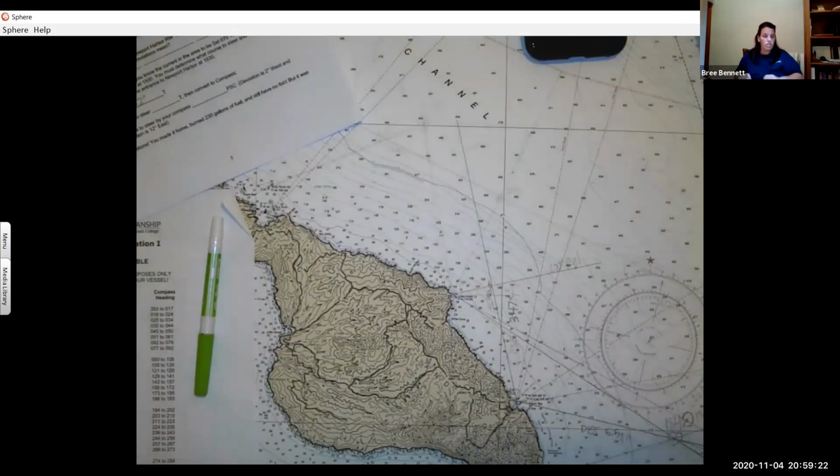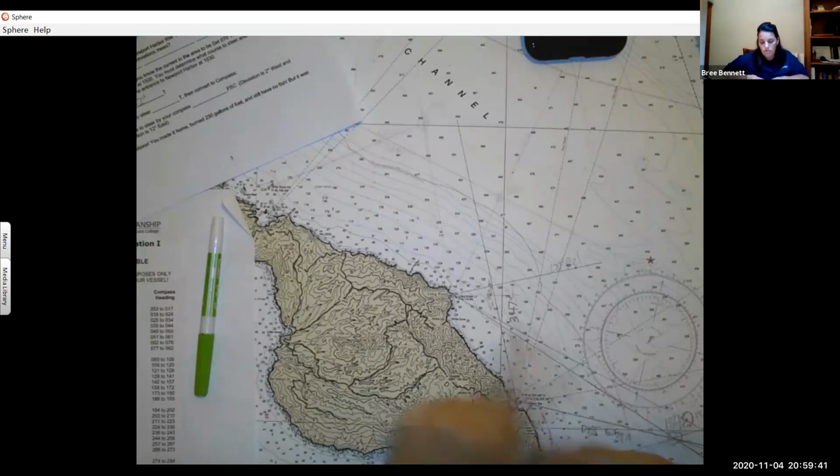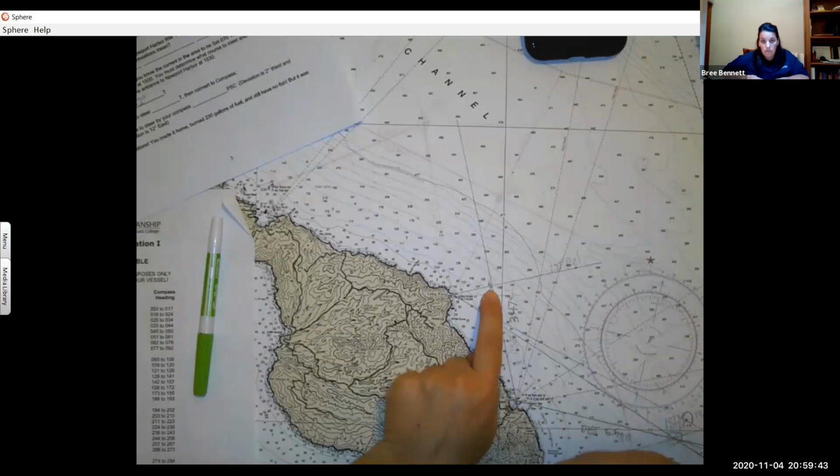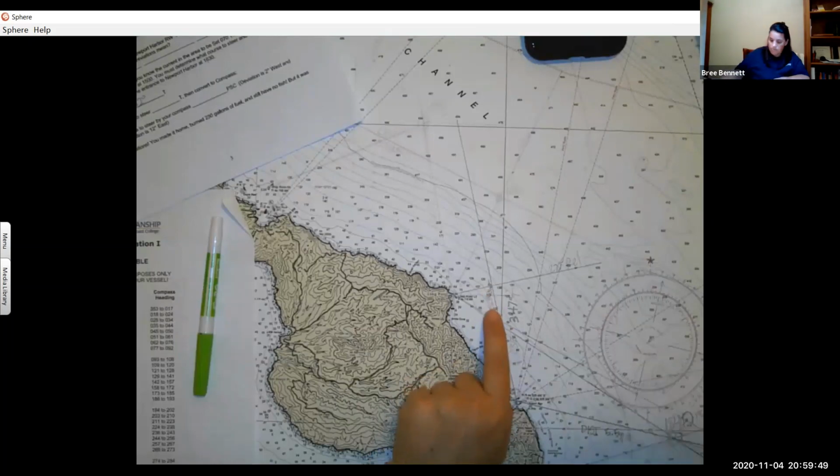Okay. So then it says, at that point, you decide to head for buoy 1 off LA Harbor. Your new course is blank. What is your new PSC? Speed is 15 knots. What's your ETA? So from this point, we are going to head, and do we have a time for this point? 0900.